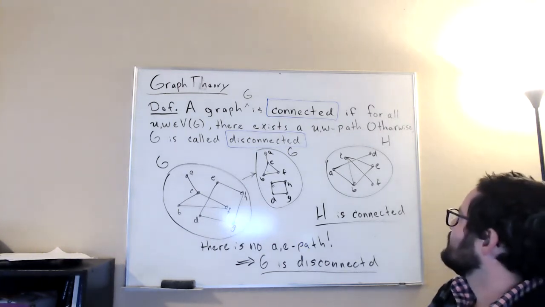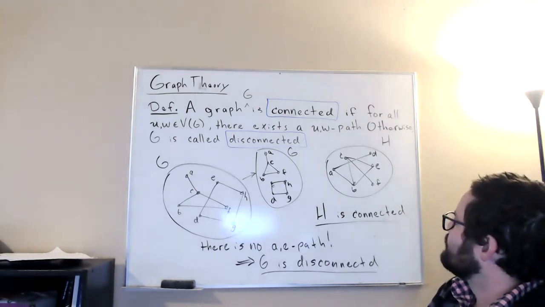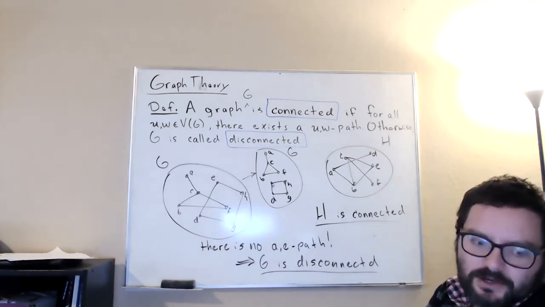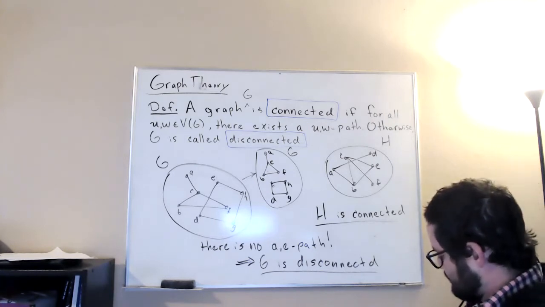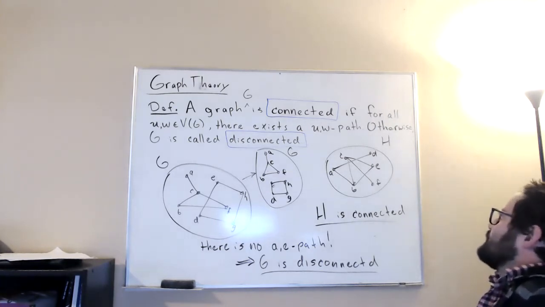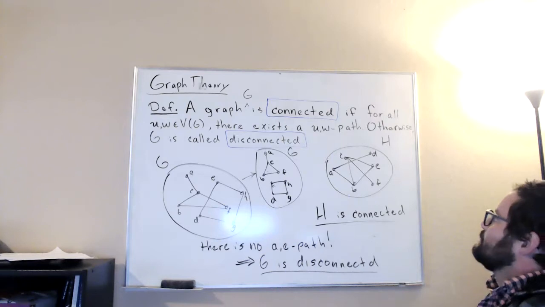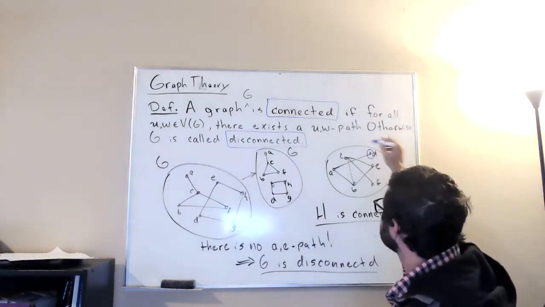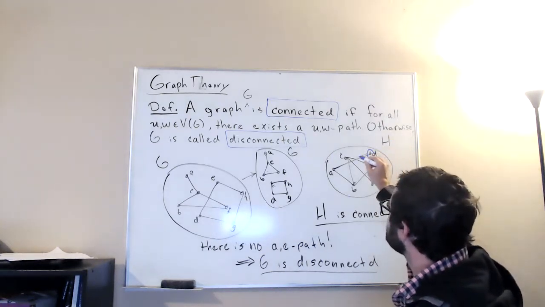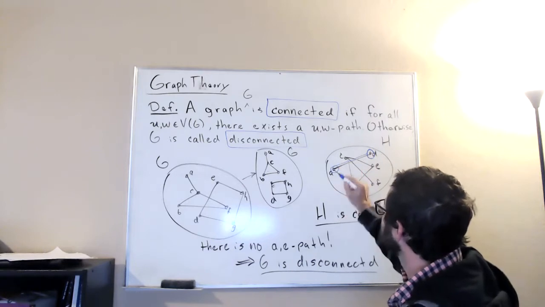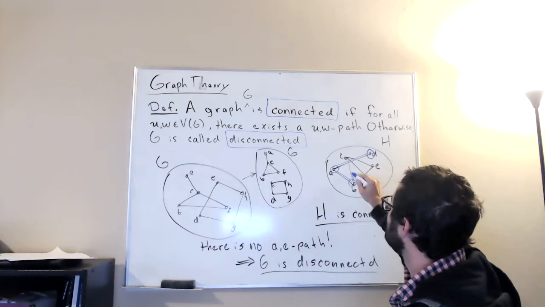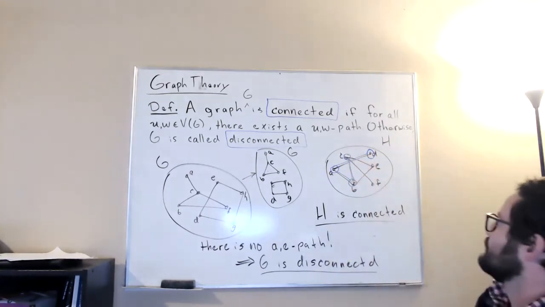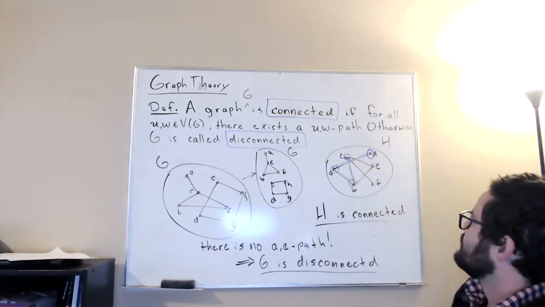Well, pick any two vertices in the graph. Okay, so D and C. So we just need to find a path from D to C. So here's D. We can go down this edge to A, and we can go down this edge to B, and we go up this edge back to C. And that would be a DC path.